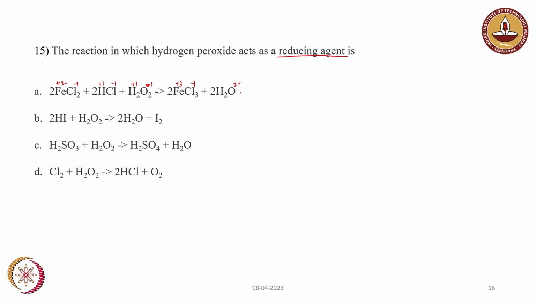So it is reducing. So it's not a reducing agent. And also Fe is oxidized to Fe3+. So H2O2 is an oxidizing agent because oxidation number of iron increased from +2 to +3. So here H2O2 is oxidizing agent.